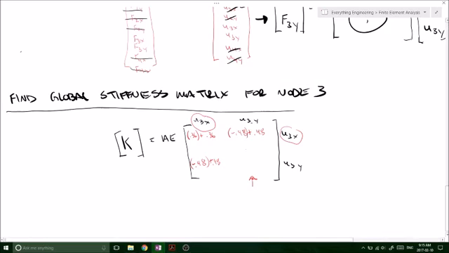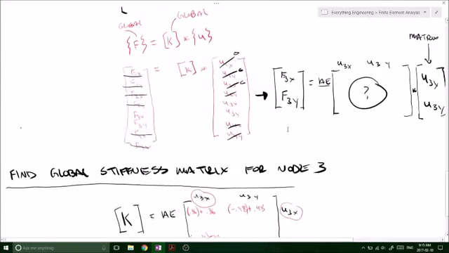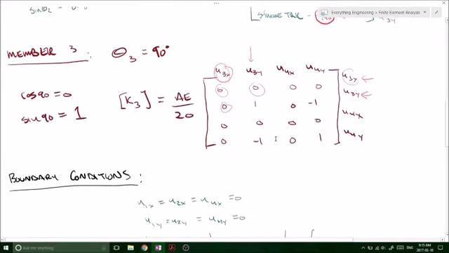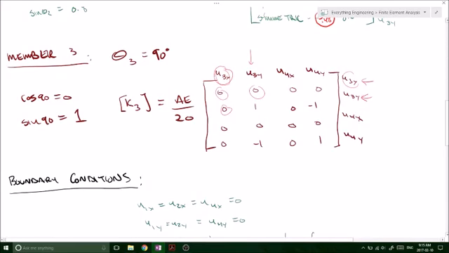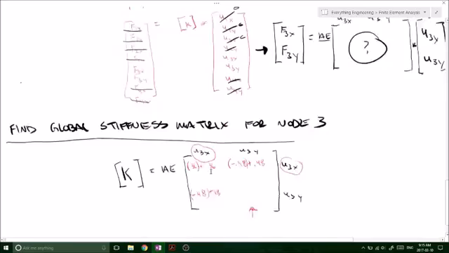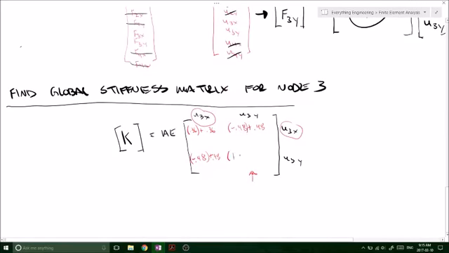Now the last one is this component. We need to find everything that has a 3y and a 3y. Looking at stiffness matrix 3, U3y, we have a 1, so add 1.